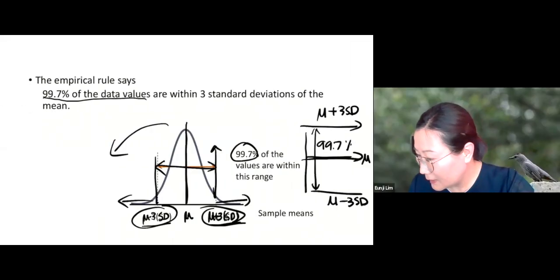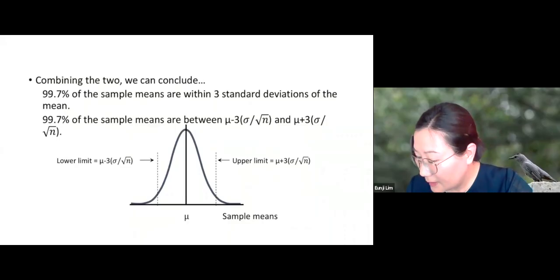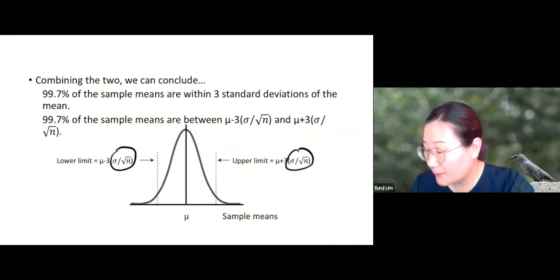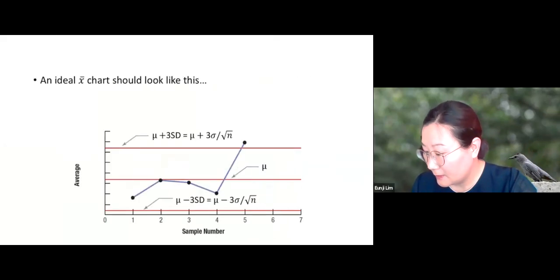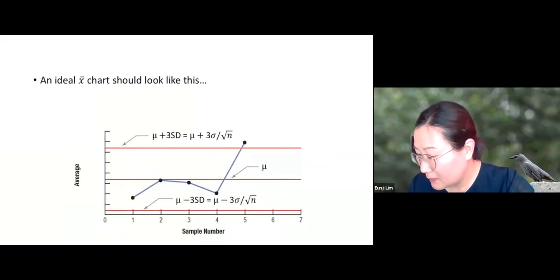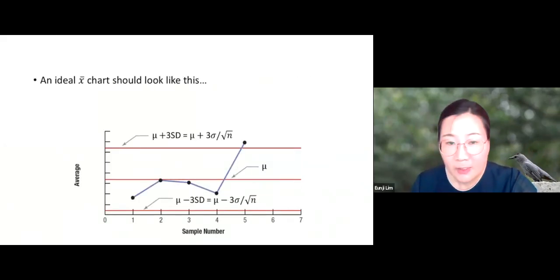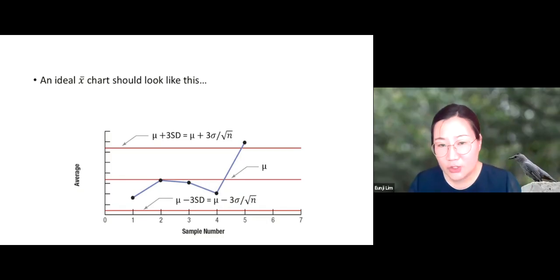Before we move on, we know that the standard deviation of this graph is sigma over the square root of n. This is from the central limit theorem. So we can replace the standard deviation by sigma over the square root of n. Now we have a graph like this. Now here we have a challenge.